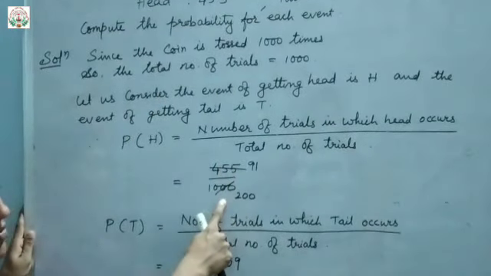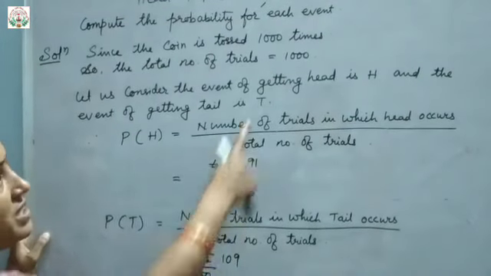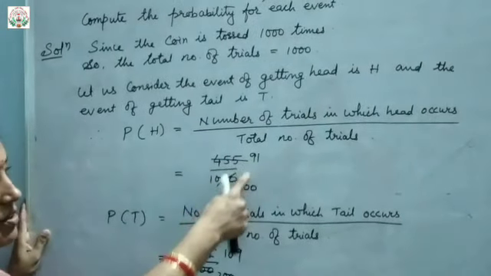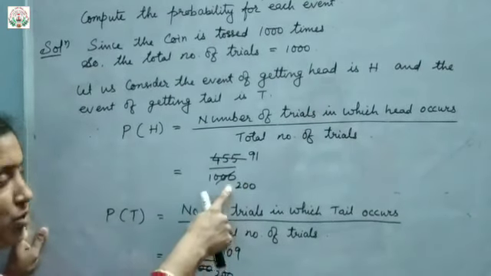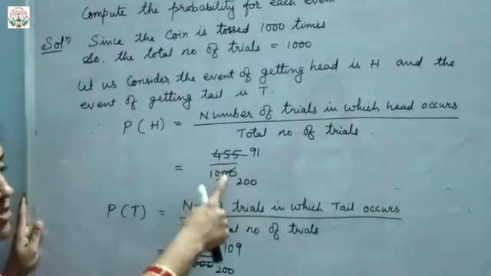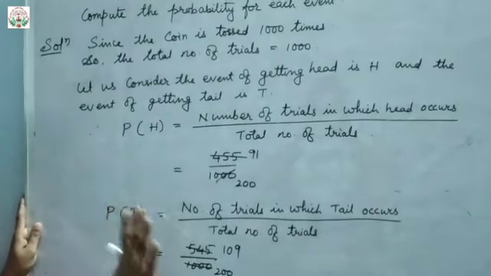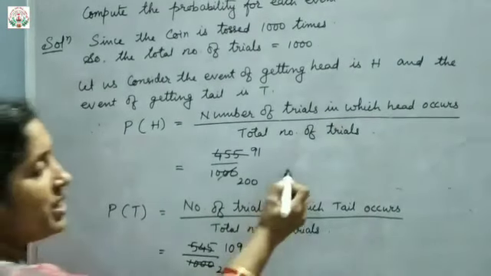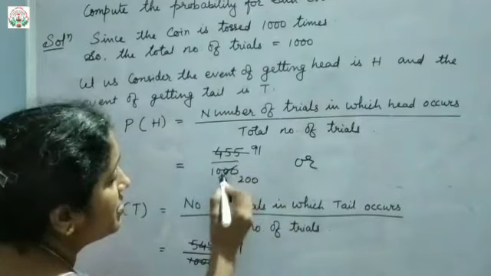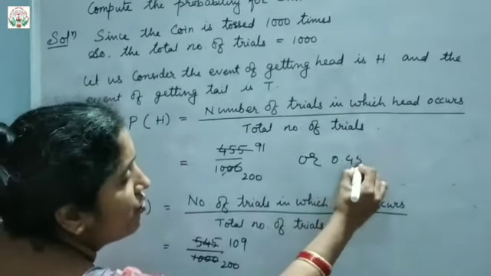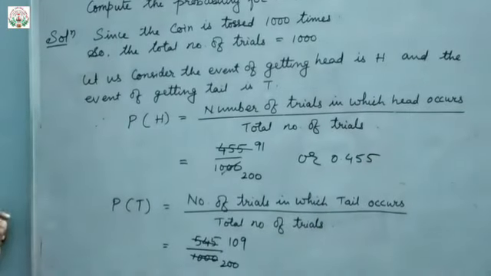So 455 upon total number of trials, 1000. You can divide it by 5 because both the numerator and denominator are divisible by 5. So divide it and bring it to the simplest form. In decimal also you can write it as 0.455.